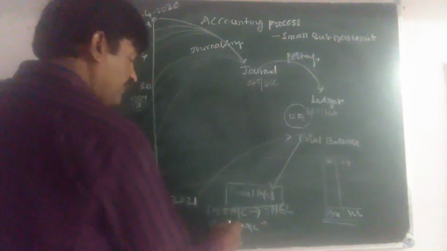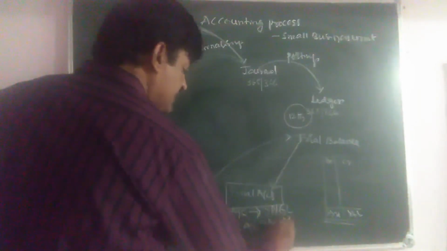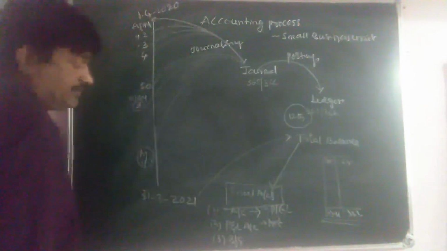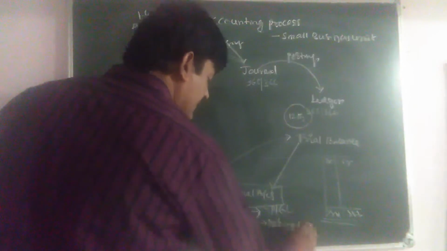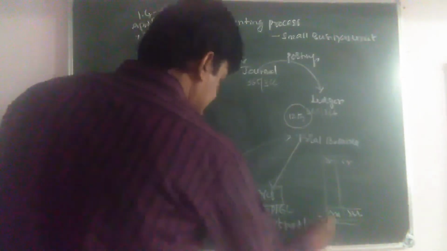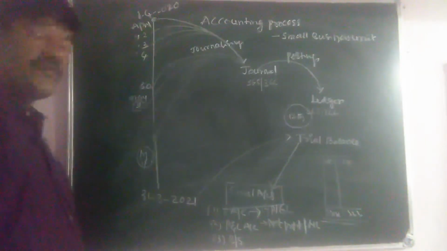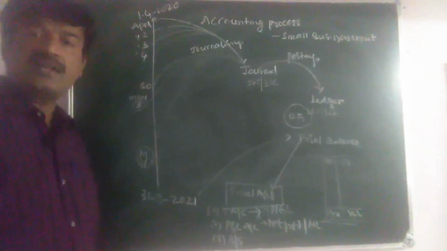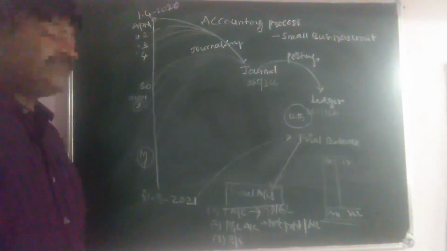That account is called profit and loss account. It is ascertained, net profit or net loss, by means of preparing what? By means of preparing profit and loss account. So profit and loss account is prepared to know the net profit or net loss of the business.